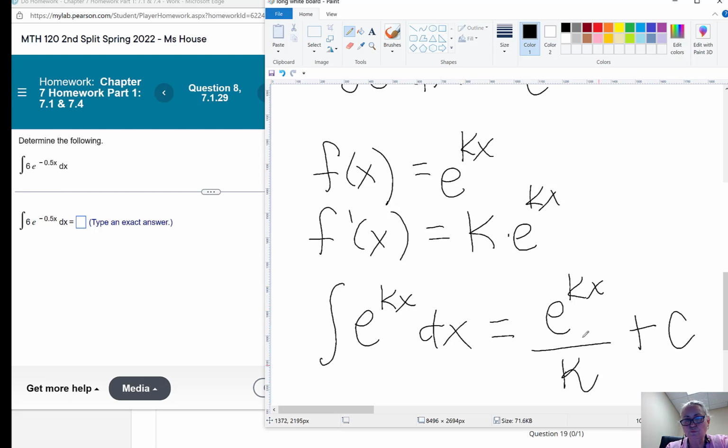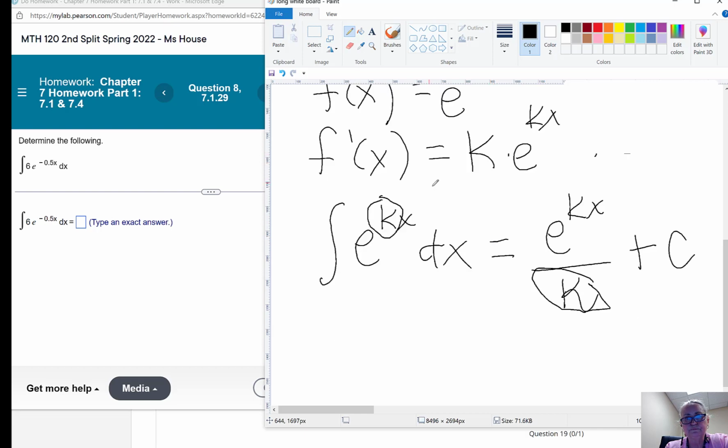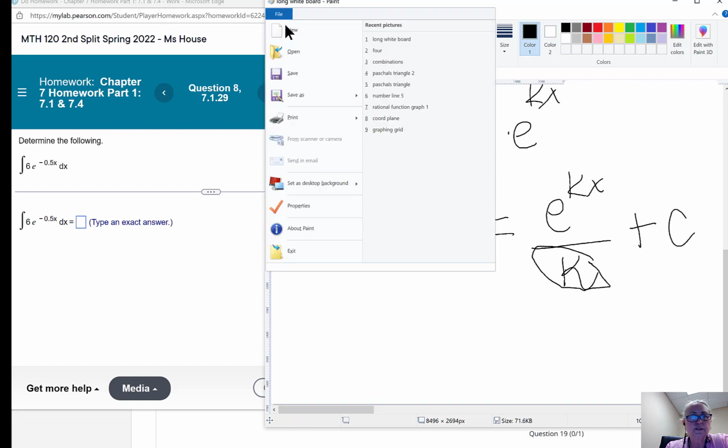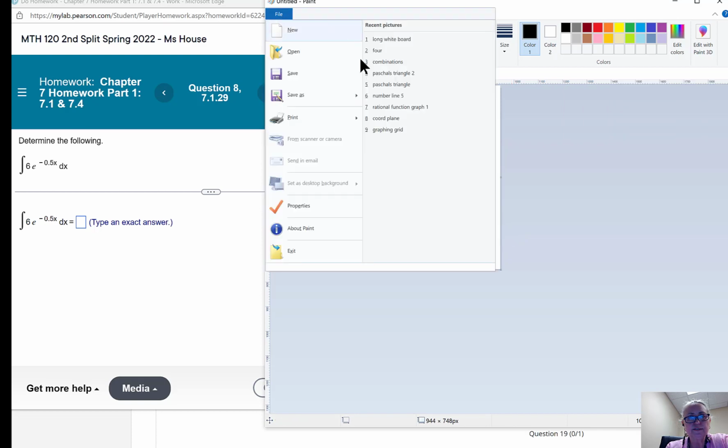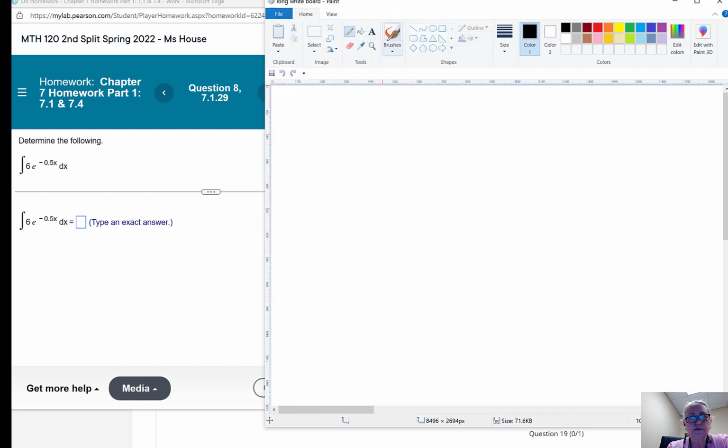But remember, if it's got a number here, we're going to have to divide by that exponent, somewhat like we do with the exponent rule. All right, so let's try this one, okay? I've got the integral. I'll put my 6 out here because it's a constant.